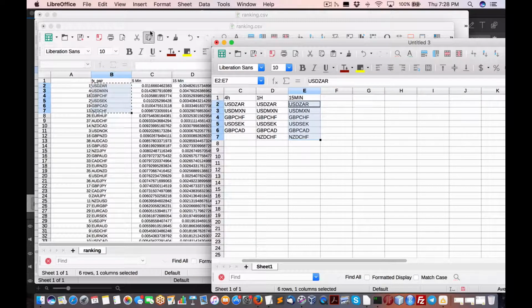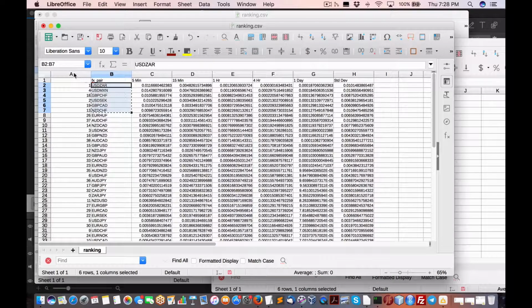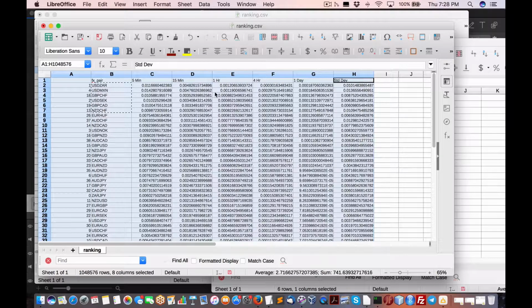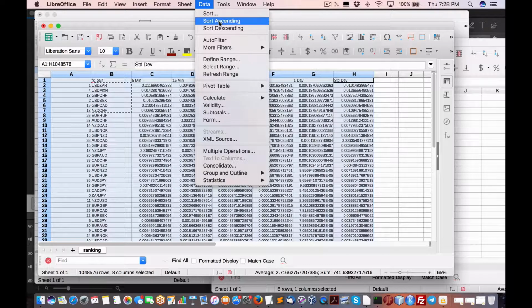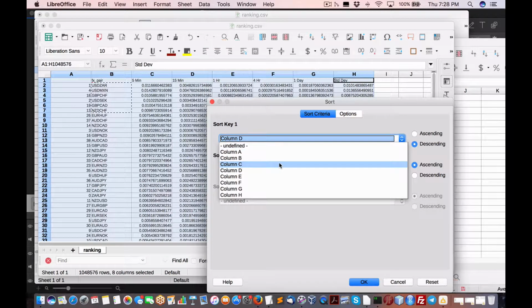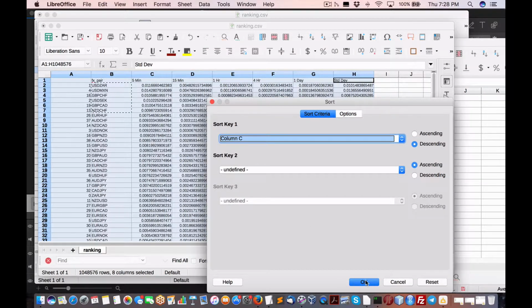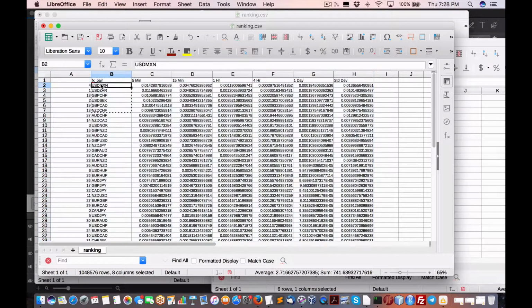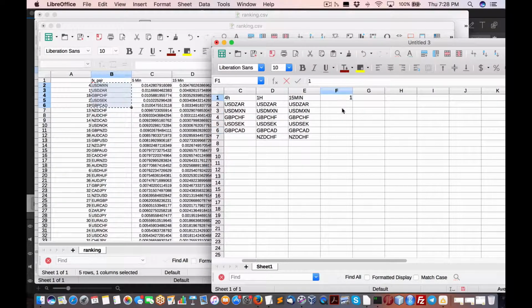Okay, and it gets very interesting on the 5-minute level. Okay, so we sort descending, and that's column C we want. There we go, that's exactly what I wanted to show you. 2, 3, 4, 5. Okay, so we've got the 5-minute.